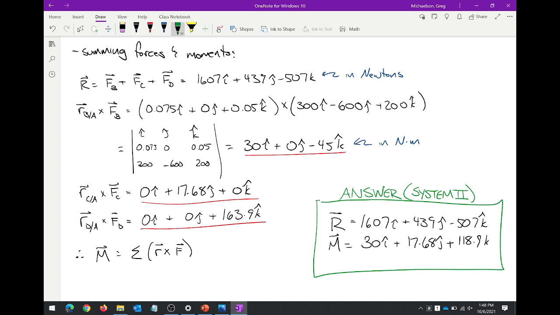And ultimately, if we were trying to find a location to place this resultant to generate the same amount of moment, and we went through the cross product again, solved for Rx, Ry, and Rz, that Rx, Ry, and Rz would be sort of a weighted average, okay?